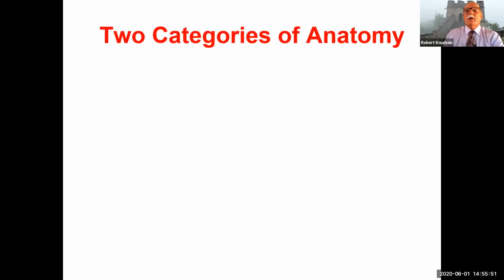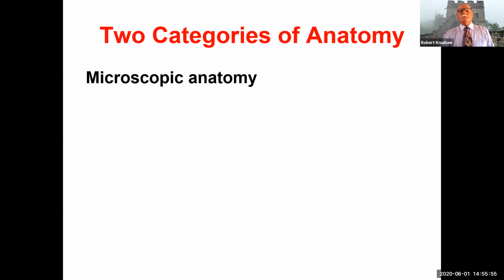Okay, 2 categories of anatomy. Microscopic anatomy, you got to start with a cell. You can't see the cell with your eyes. You got to use a microscope. So microscopic anatomy is where we start. We do the metric system, and we talk about what is anatomy and that kind of stuff.